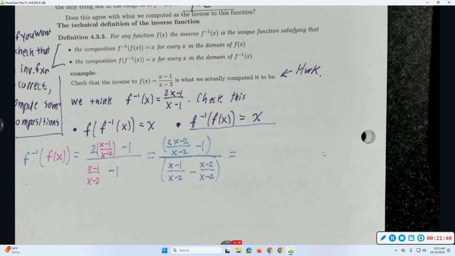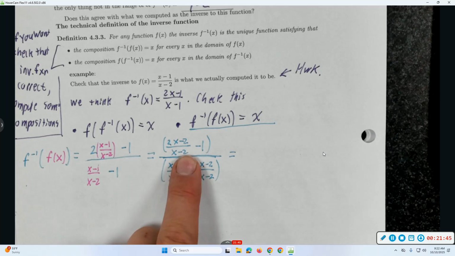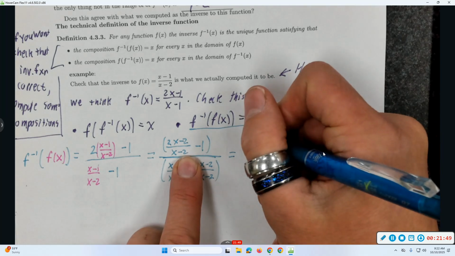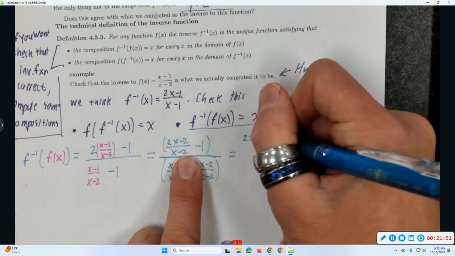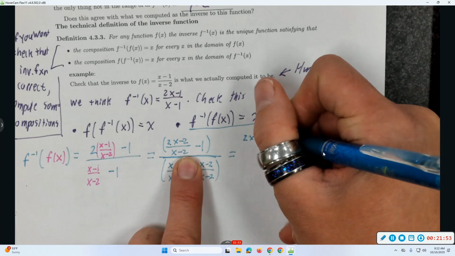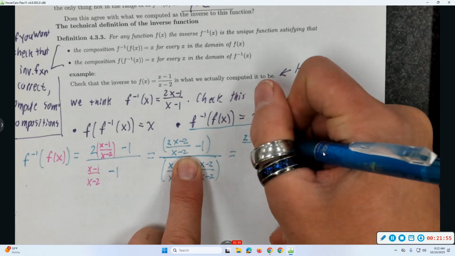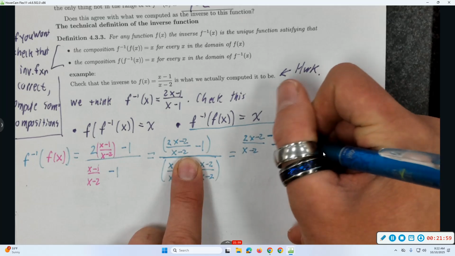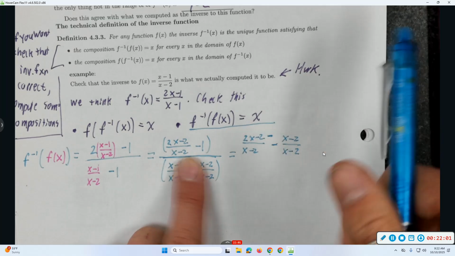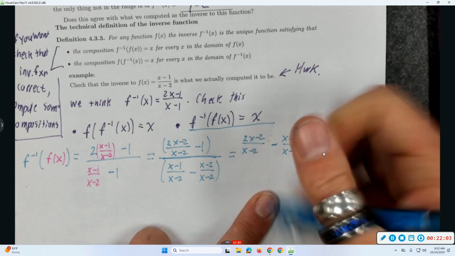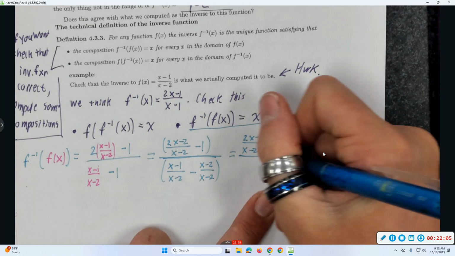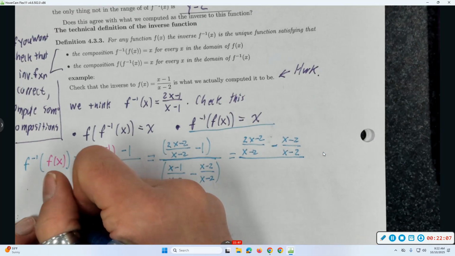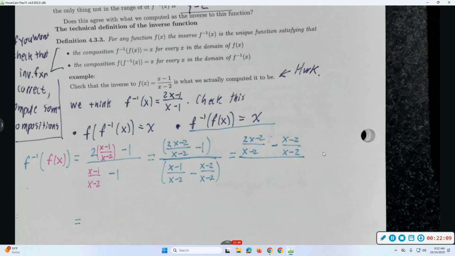All right, nice. I guess now we may as well do the same thing in the numerator that we just did in the denominator. 2x minus 2 minus, well, all over x minus 2 minus x minus 2 over x minus 2. And all right, cool.